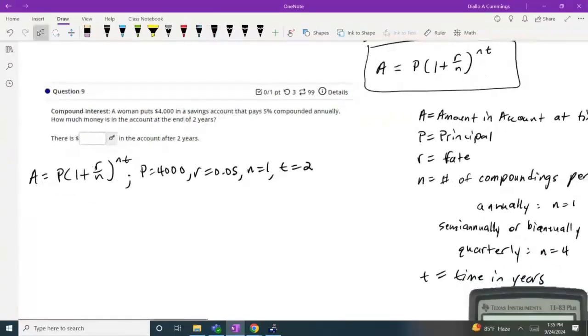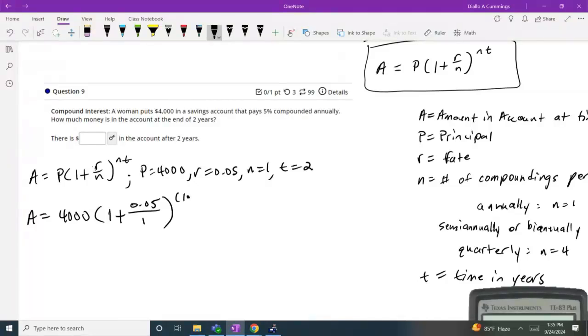So we're going to plug all that into the formula. The amount of money in the account after 2 years should be 4,000 times 1 plus 0.05 over 1, raised to the N, which is 1, times T, which is 2.